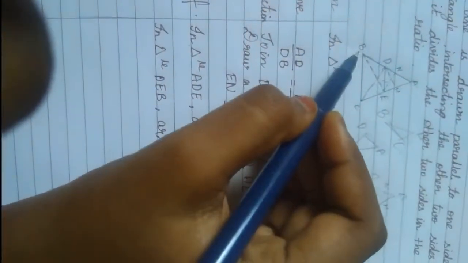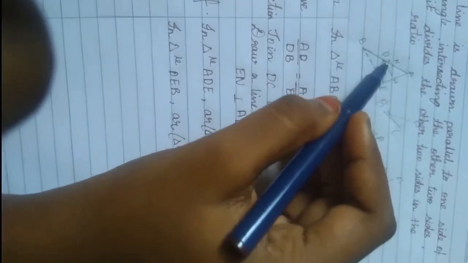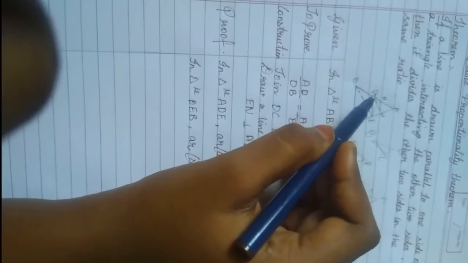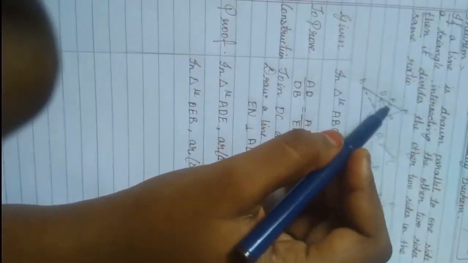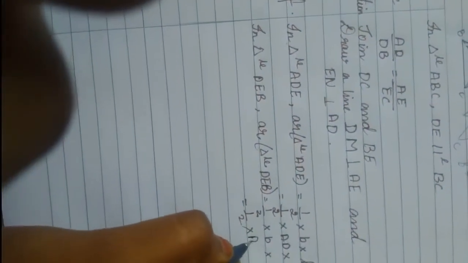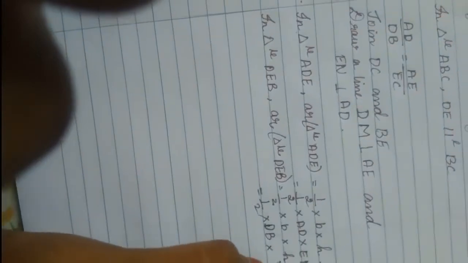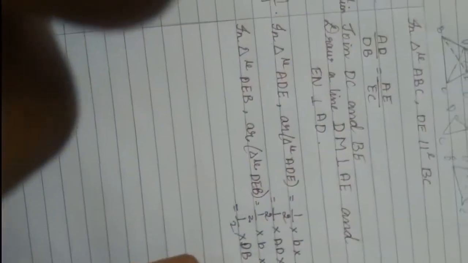In triangle DEB, what's the base? The same way here we have taken AD as base, so here we'll take DB as base, such that we can cancel and equate it. So base we get as DB into height, the same we'll take because it's the common triangle, and finally we have to prove that two triangles are equal. So we'll take the same height such that we can cancel it.